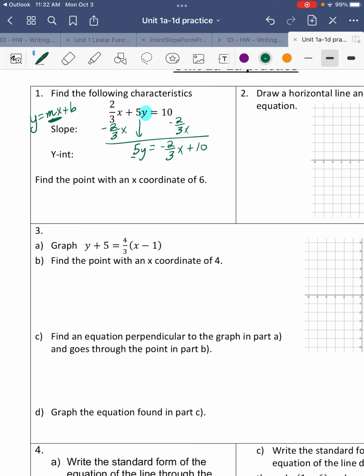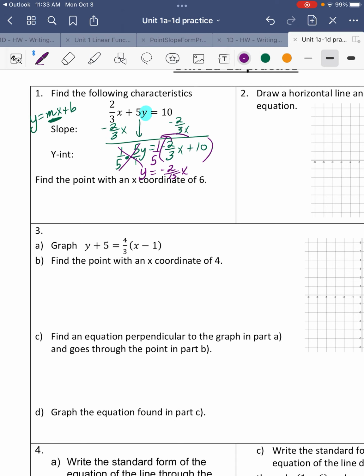Instead of dividing by 5, which you certainly could do, I'm going to multiply by the reciprocal. The reason why I'm doing that is because of this negative 2/3, a fraction. It's going to end up being y equals negative 1 times 2 is negative 2, 5 times 3 is 15. When you're multiplying fractions, it's much easier than taking a fraction and dividing by 5.